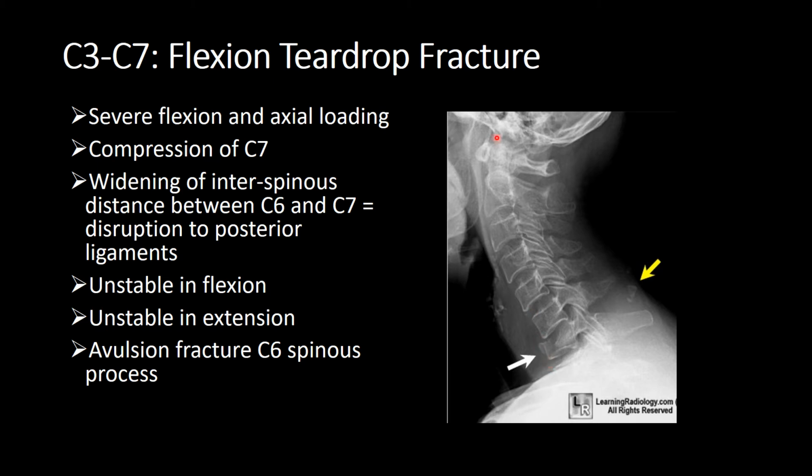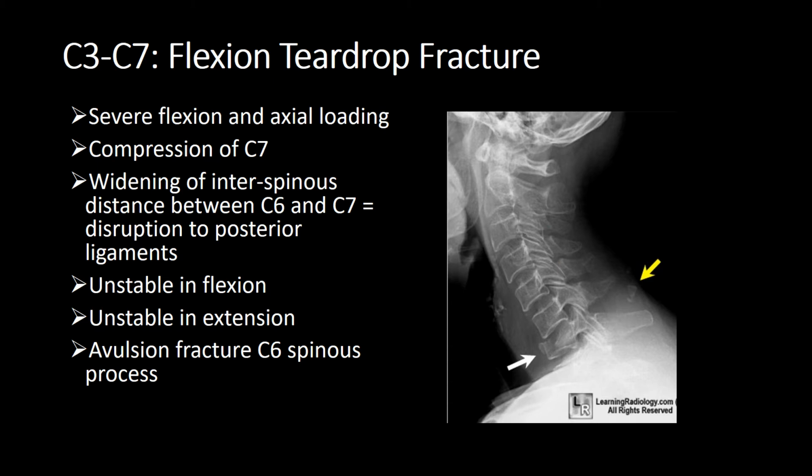So let's look at our posterior vertebral line. And it's a little bit angulated here, but there is no disruption to the posterior line. Let's have a look at our spinolaminar line. That's probably in alignment, so that's okay.